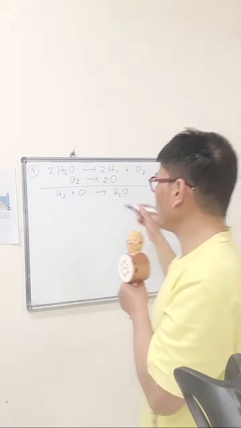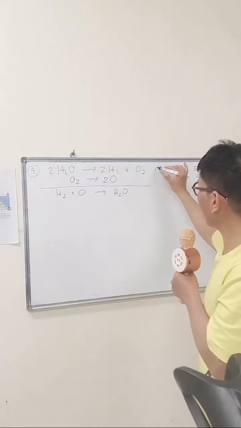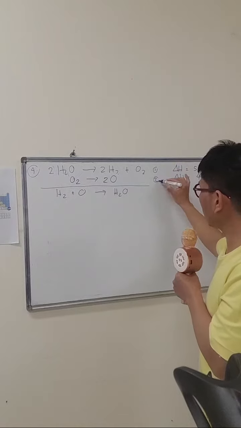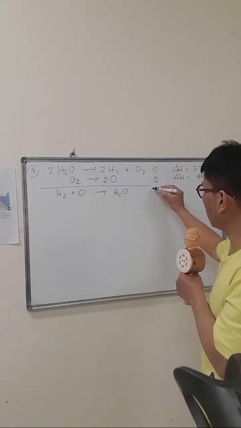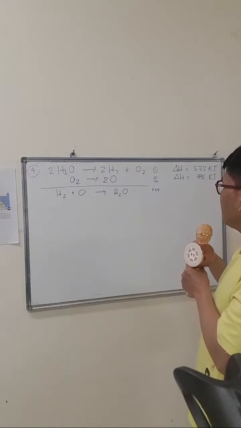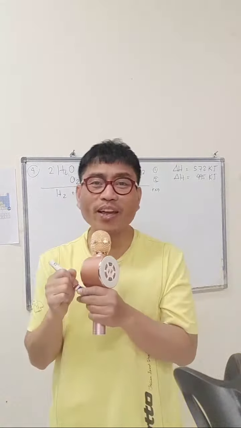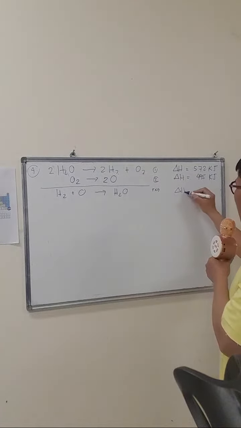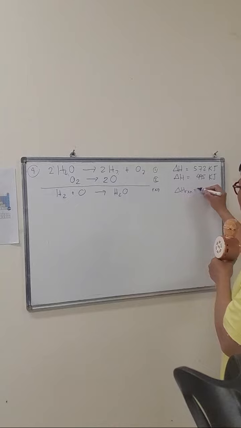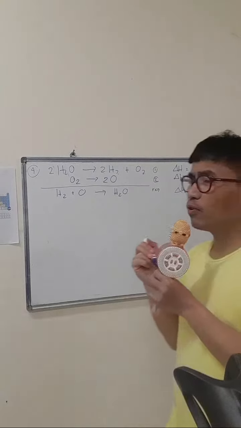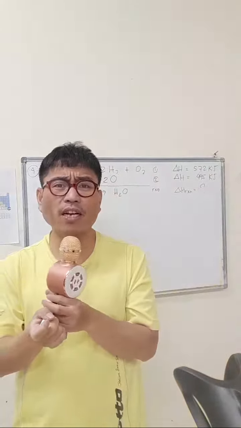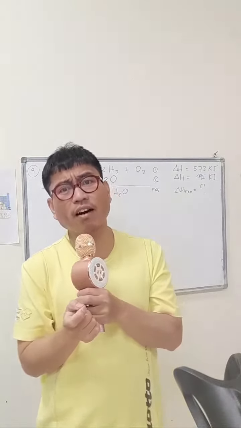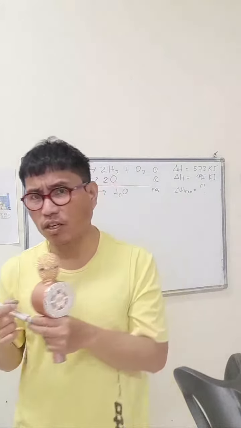Now this is chemical equation 1, chemical equation 2, and this is our overall reaction. So we are required to compute for the delta H of the reaction. We need to compute for the enthalpy change of the reaction, or the heat of the overall chemical reaction.